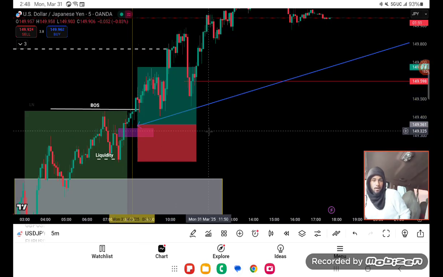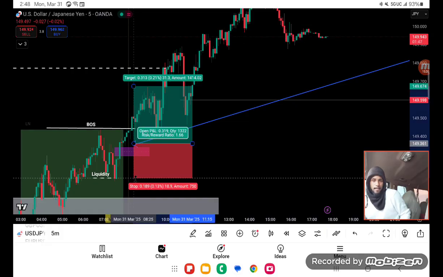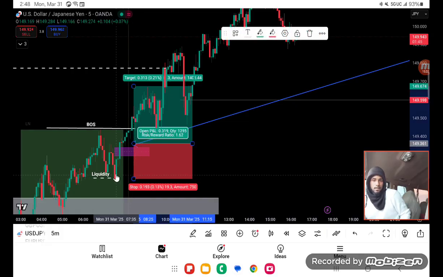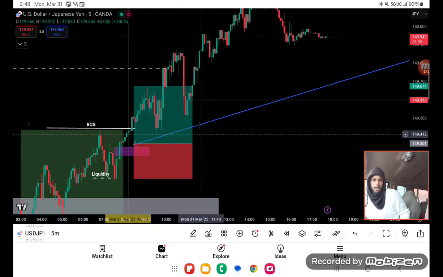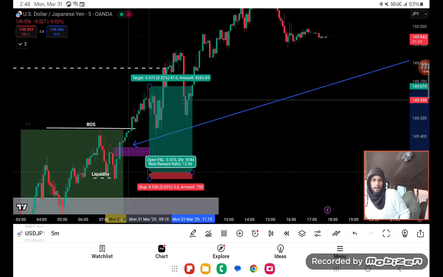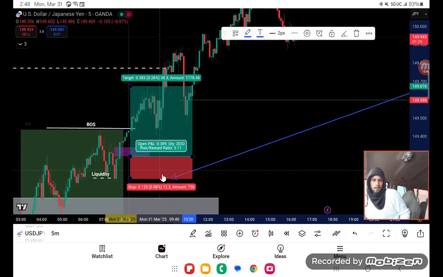Okay, so initially I kept my stop loss 20 pips at the low of this low right here, this low that created this displacement higher, which is at what, 19.3 pips. Okay, you can see that right there.